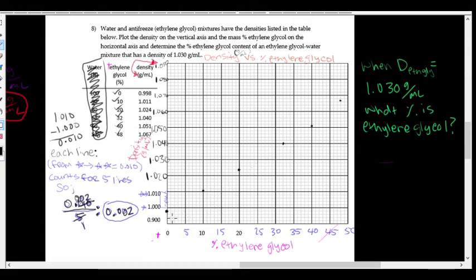So I would have this point and this point right here on the line. And please draw yours better than mine.